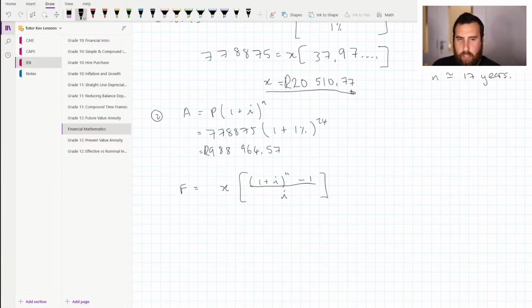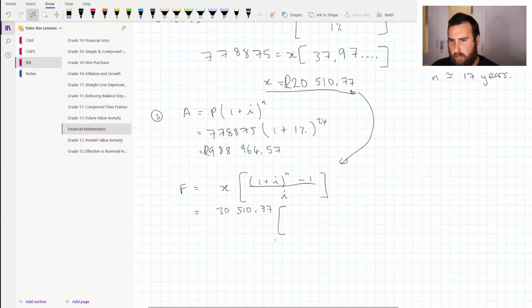Our future value, we don't know. That's the whole point of this particular question. We just know what our repayment is. It's that x of 20,510 Rand and 77 cents times by, just going to move this down. Everything's about formatting.